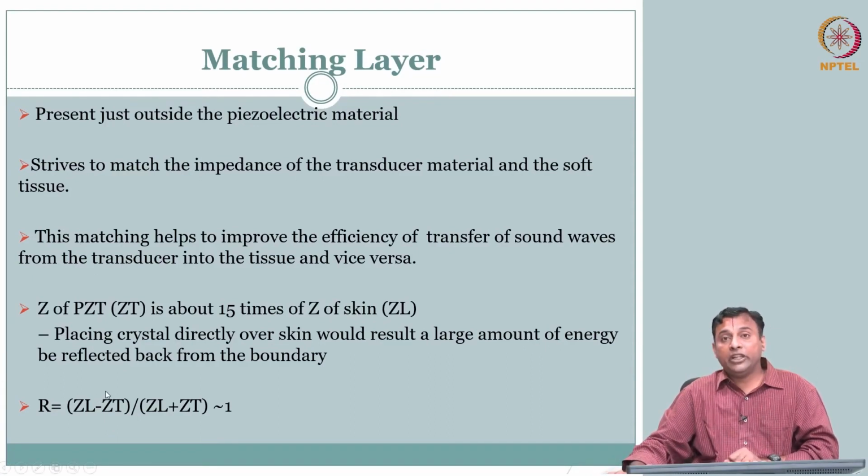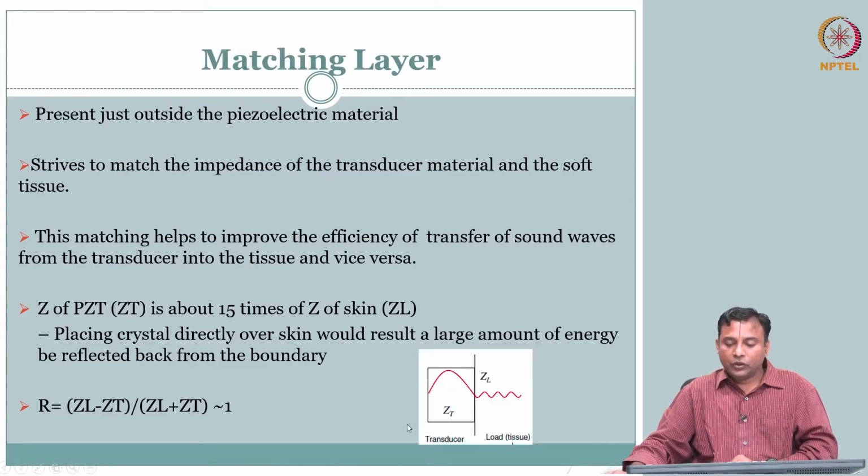So we put gel on top of this matching layer. Okay. So you have your transducer, this is your tissue, and in between them you need to have some matching, okay, so that it goes efficiently into the tissue, otherwise everything will come back.